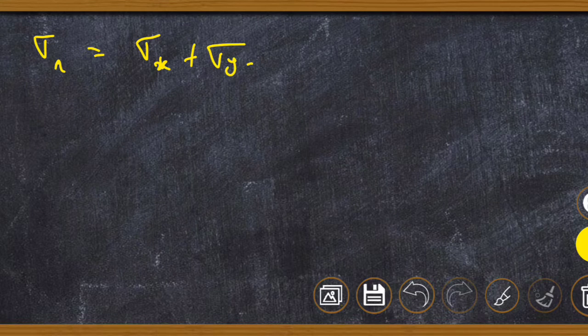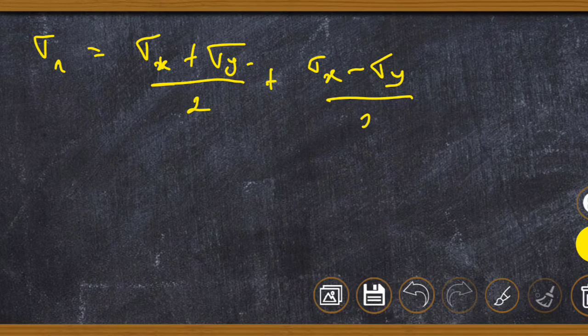The normal stress that will be acting on this will be equal to my stress along the x-axis plus my stress along the y-axis all over 2, plus my stress along the x-axis minus my stress along the y-axis over 2 cos 2 theta. This is the normal stress that is acting on the body.